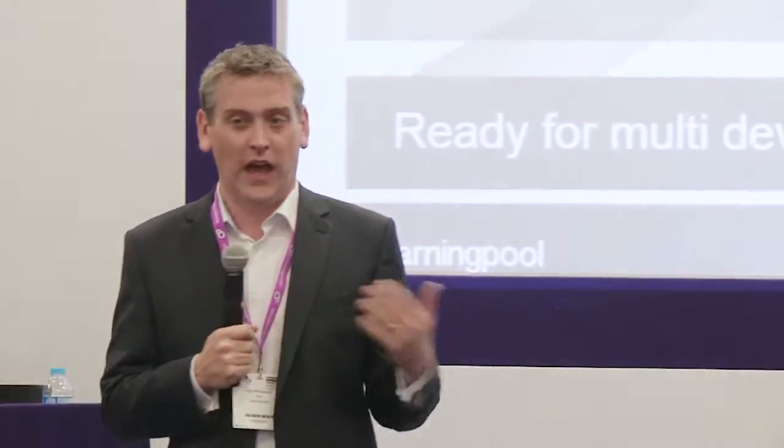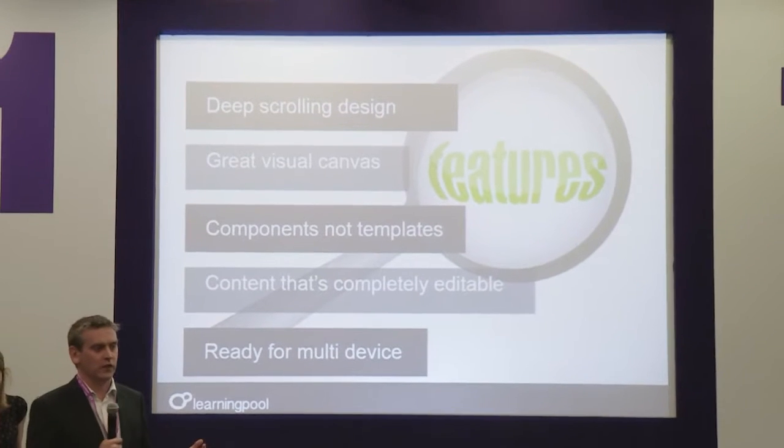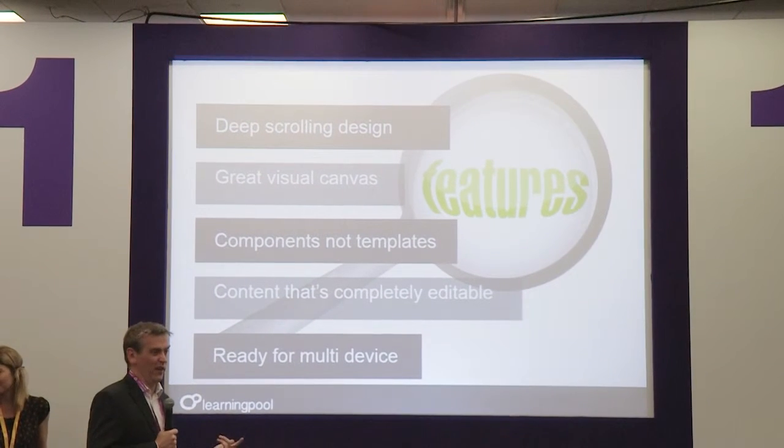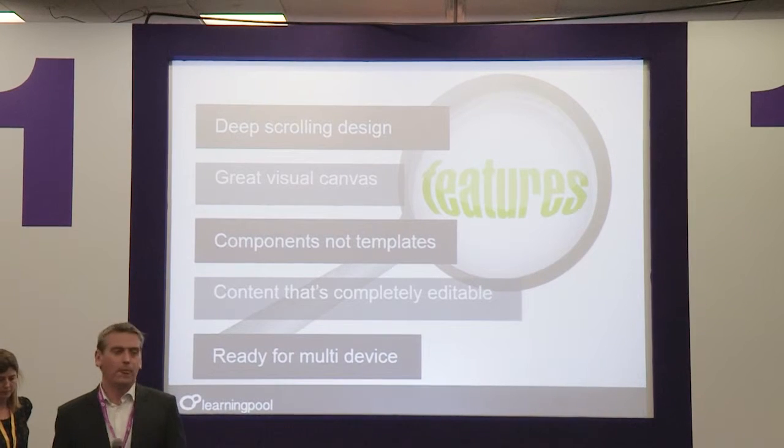One of the big attractions for using Adapt is that because it's an open standards-based approach, you can edit the content without having to go back to your supplier all the time. And of course, it goes without saying these days, but Adapt works on multiple devices, so all of your content comes pre-packaged, ready to roll out on tablet devices and smartphones.